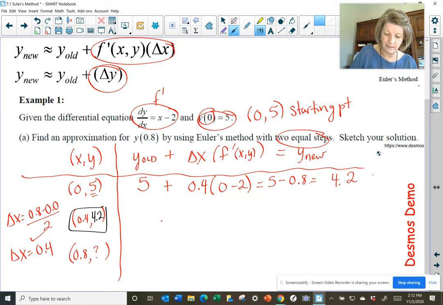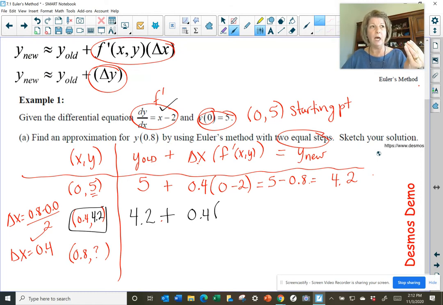Back through the process. Now my old y value, I'm picking up from 4.2, adding to it the change of x times, and I've got to recalculate the slope at this point. I'm creating that new tangent line equation.